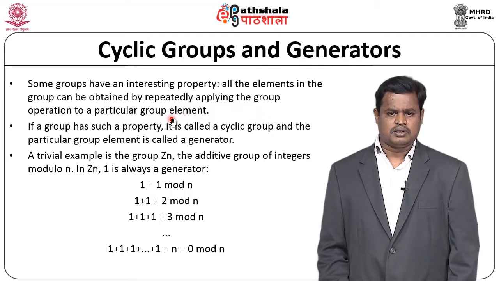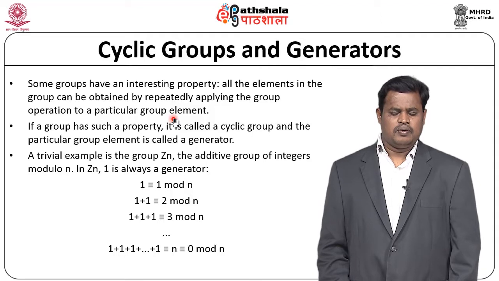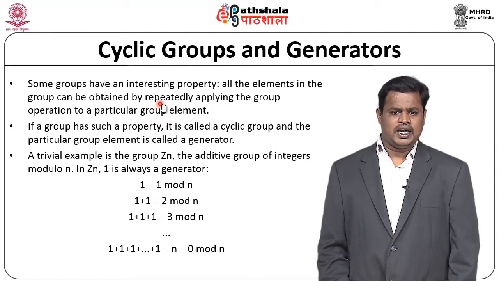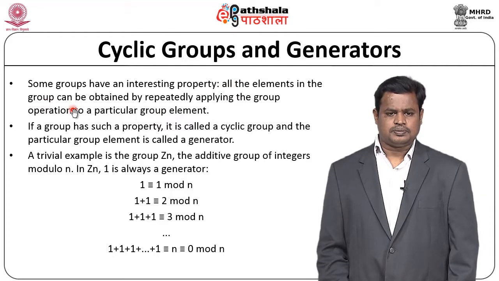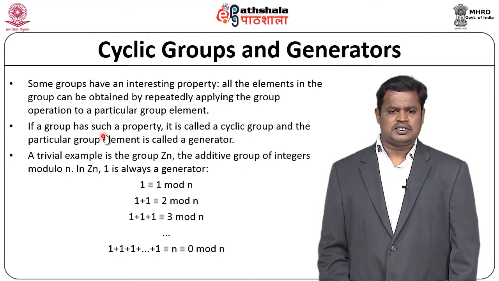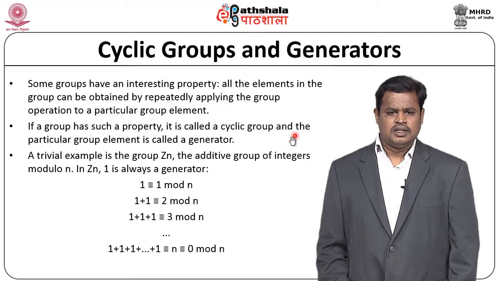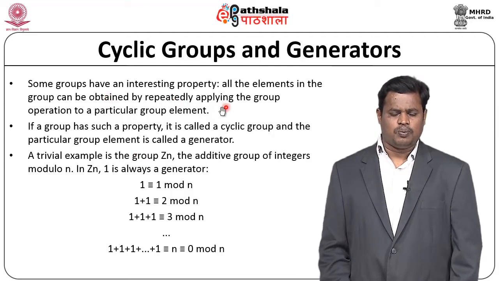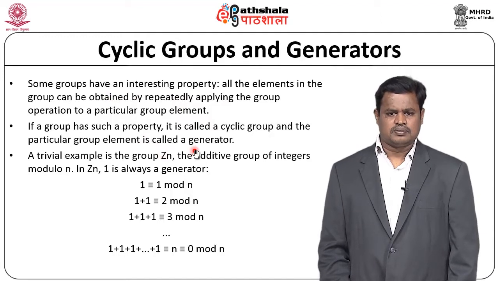So, when I choose one element and apply the group operation repeatedly, and it can generate all the elements in the group, then the group is called a cyclic group, and the element in the group which can generate all the elements by repeatedly applying the group operation is called a generator. So, now we can understand what a cyclic group is and what a generator is.